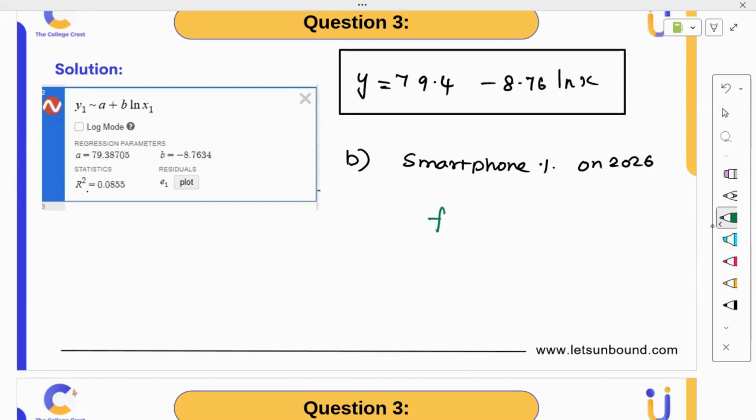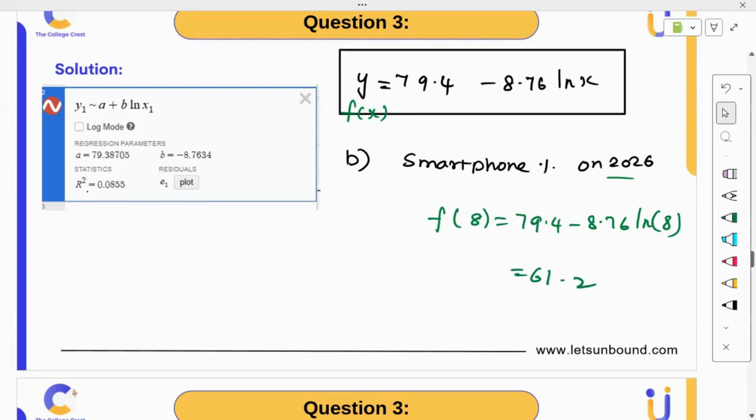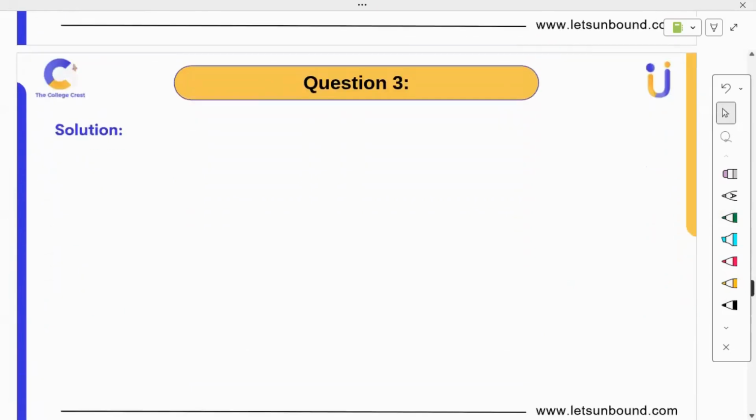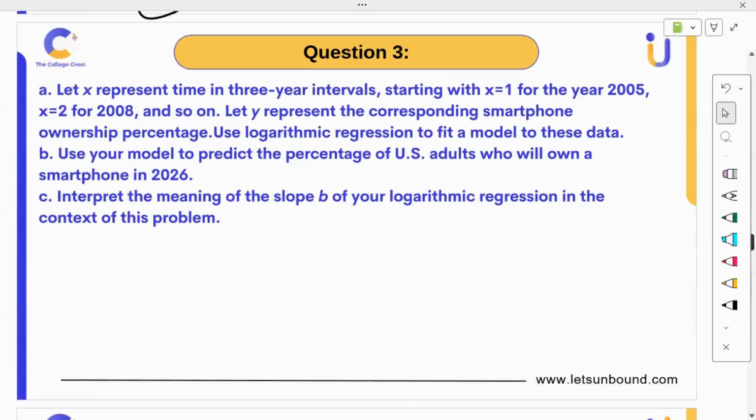So we'll find f of x, right? So f of 8 we should find. It's very simple. 79.4 minus 8.76 ln 8. And rest is super easy calculated part. And we will get around 61.2. This many percentage smartphone ownership will be there, right? And okay, we did this part.